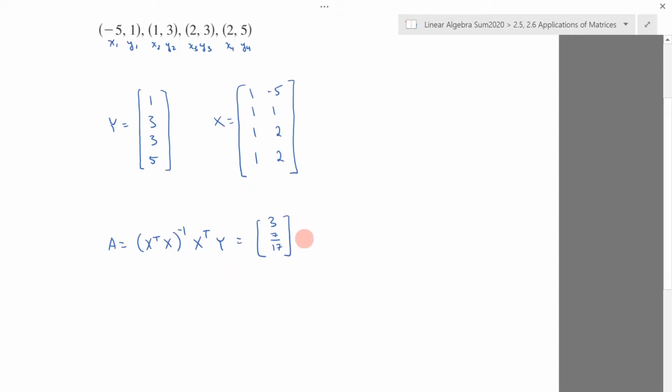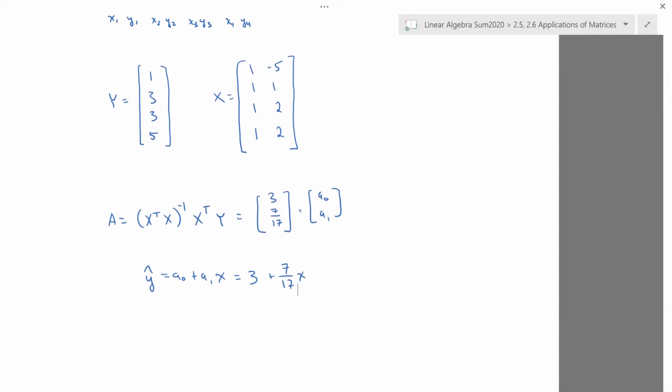So the first entry again is A0, the second entry is A1, right? So my regression line y hat is A0 plus A1 times X, right? So A0 was 3, A1 was 7 over 17.